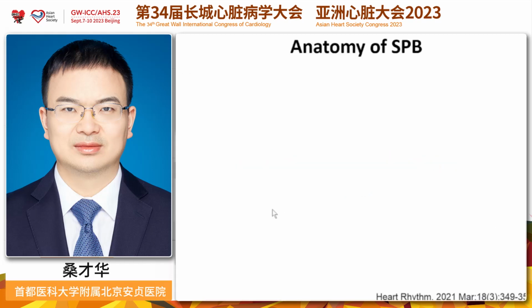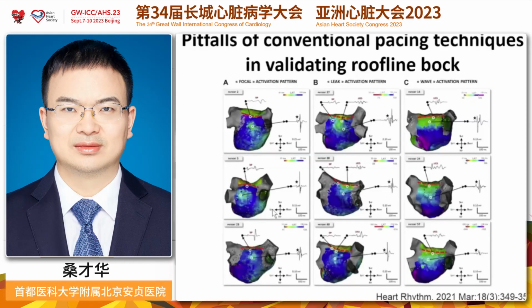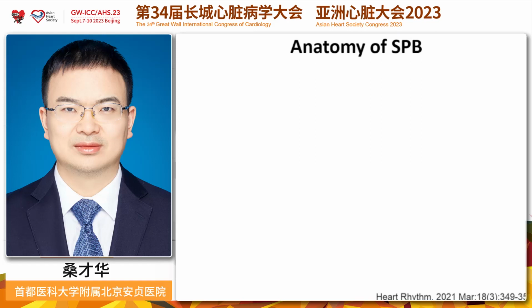First, I'm sorry this picture cannot show. I will simply introduce the left atrial roof. There are three layers. The epicardial side is the septal pulmonary bundle, and the endocardial side is the septal atrial bundle.